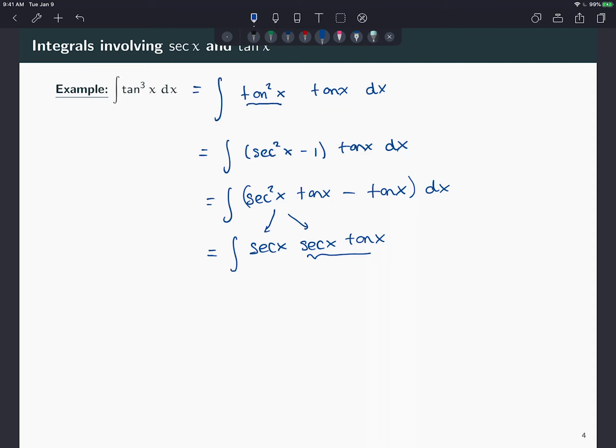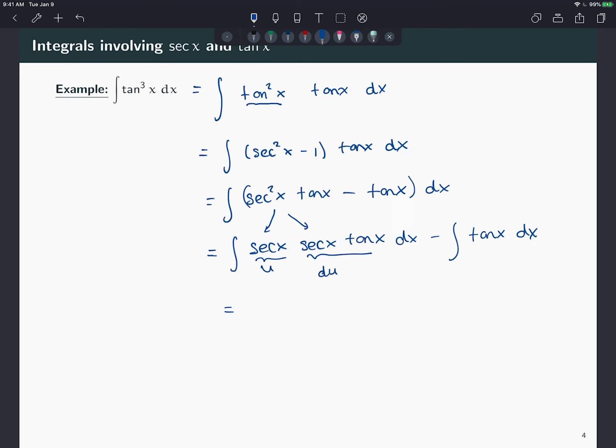Because this is the derivative of this. So I have u and its derivative, u du. If I split this one into two integrals, then I have it like this. And now all I have is u du, which is u squared over 2.